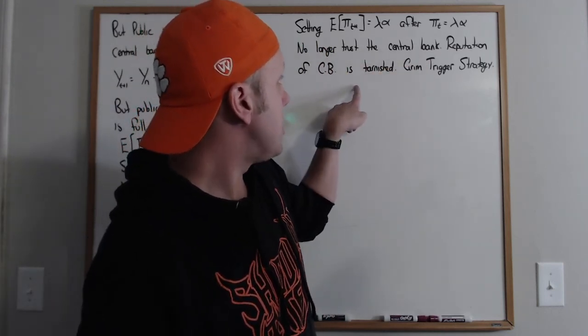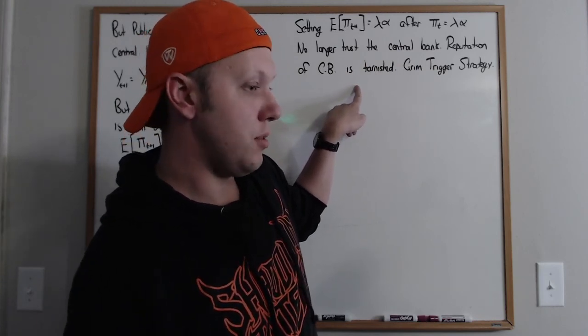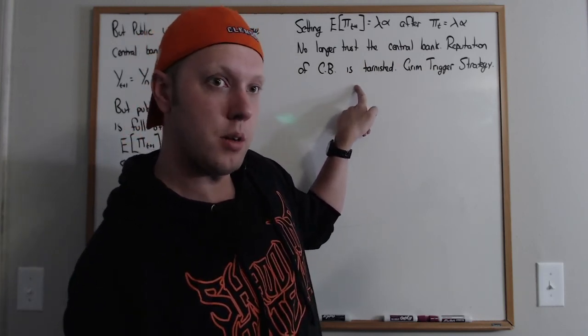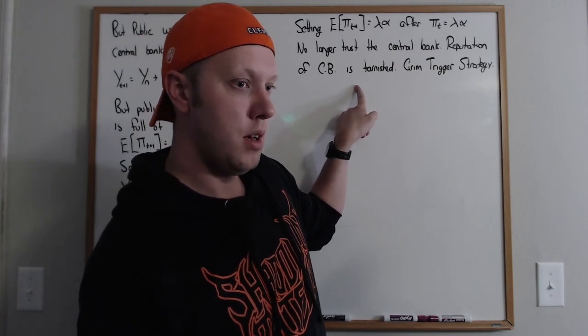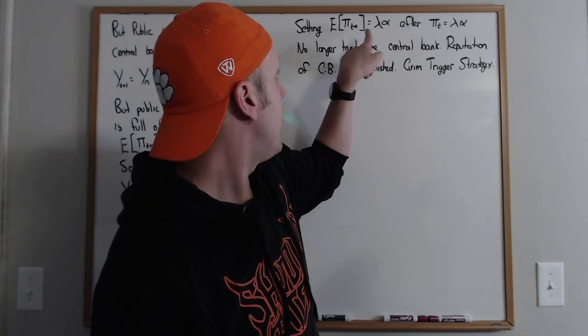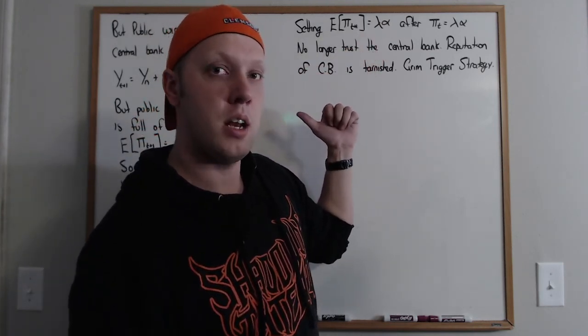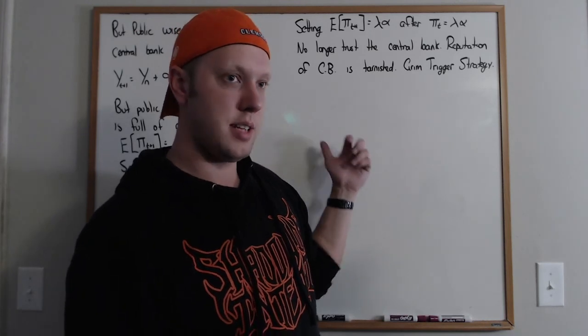If they're following each other and the central bank is behaving in a way that is consistent with what the public can expect them to do, right? There's no trust being violated yet, right? Then they will keep setting the expected inflation rate to 0 as long as the Fed sets inflation to 0.